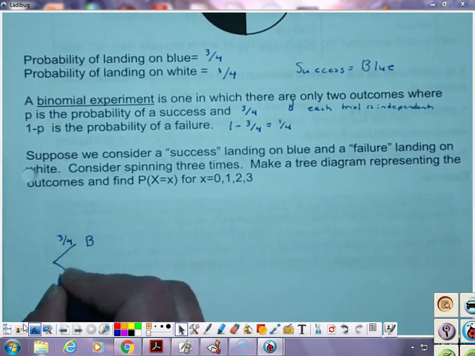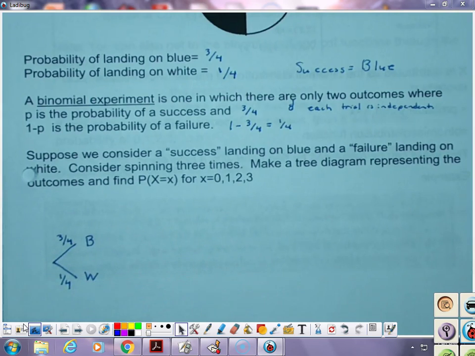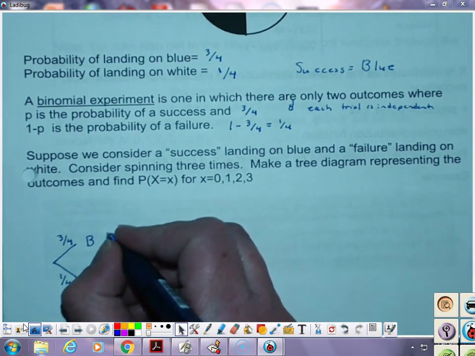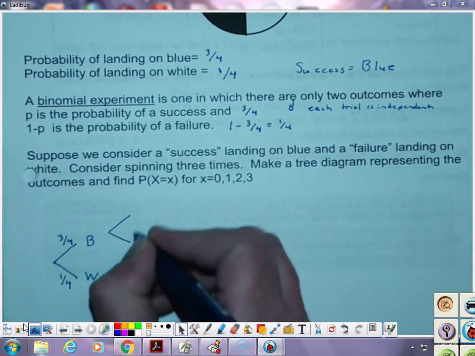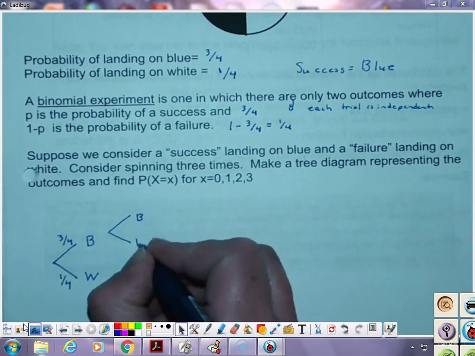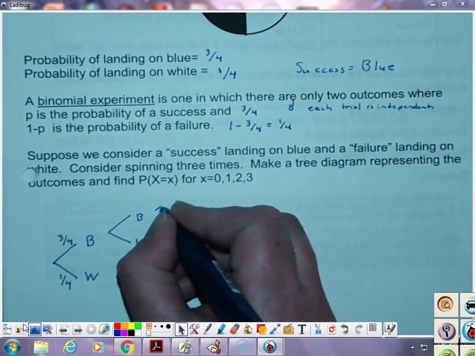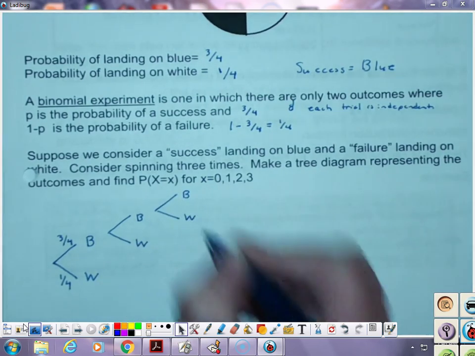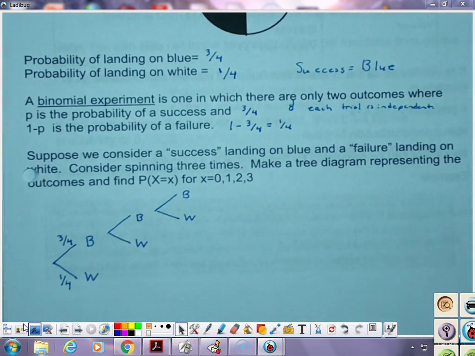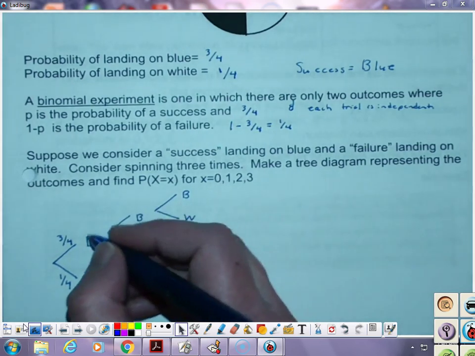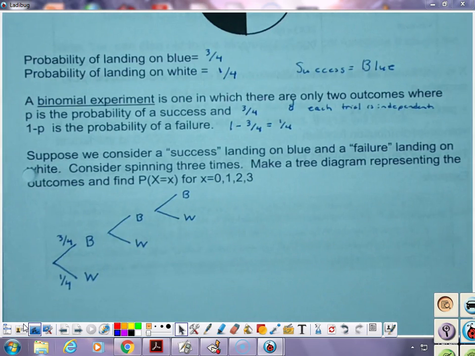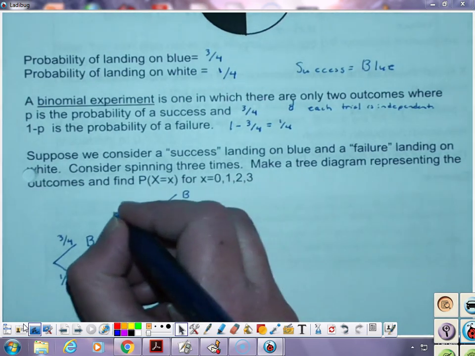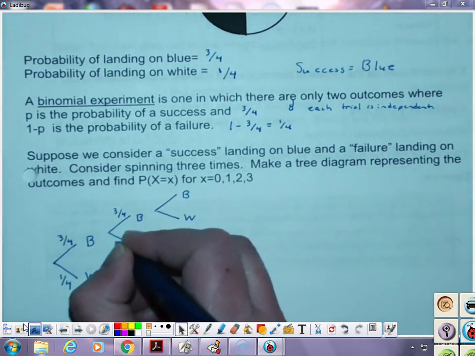I need it to be super neat, although I am not super neat. I can at least live with my degree of not super neatness. So basically the idea is you have to make 3 trials. That's what you're trying to fit in along each one. So the first time that you do it, you get blue or white. Same probability along each one.